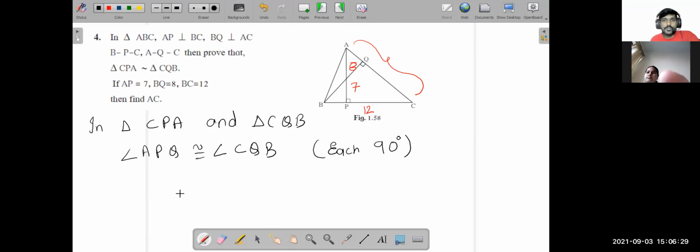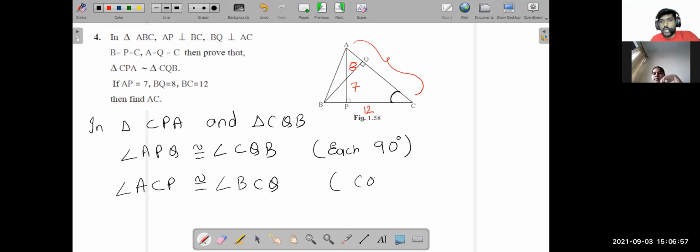Now, in these two triangles, that is in triangle CPA and in triangle CQB, look carefully that this angle C is common in both of the triangles. So you can say that angle ACP will be congruent to angle BCQ because they are common in both.